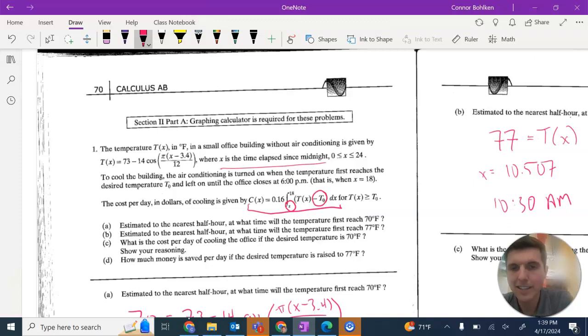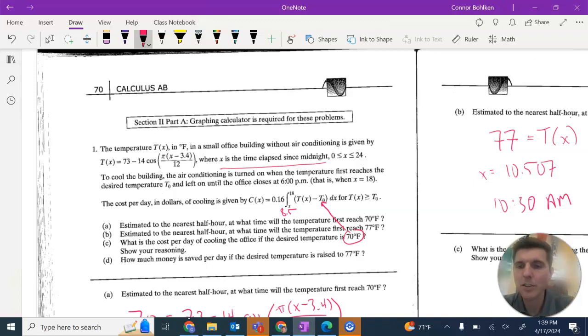So T naught is a desired temperature and X is a starting time that AC is going to kick on to try and keep the building cool. So for part C, my desired temperature is 70. That's this one. And my starting time is actually the thing I got from part A, so it's the 8.5 number. So I'm just going to integrate this from that 8.5 to 18.